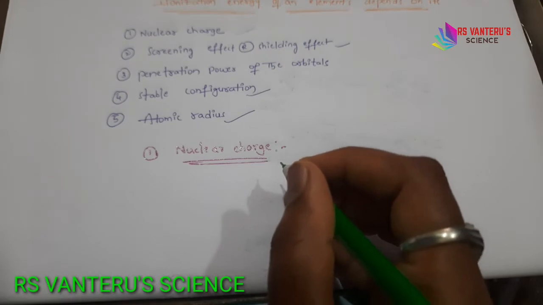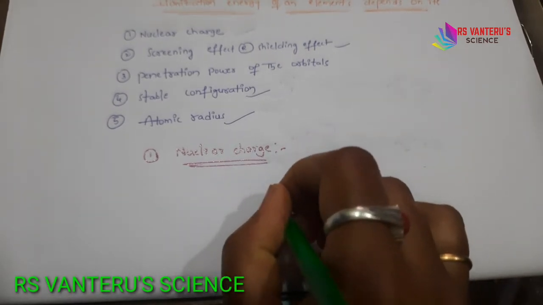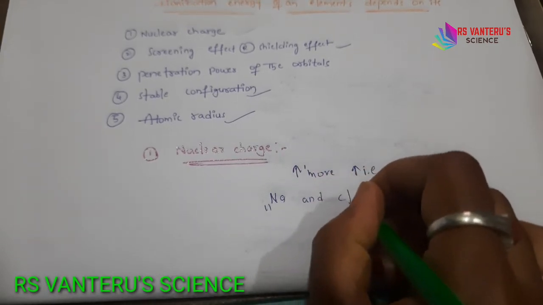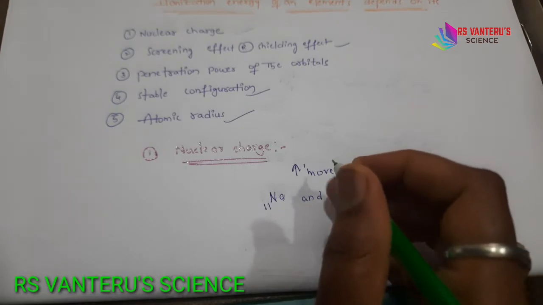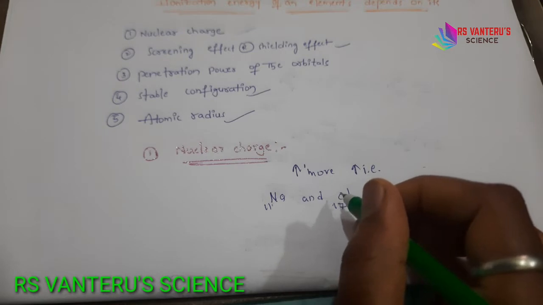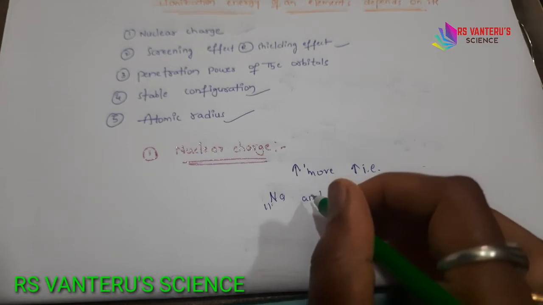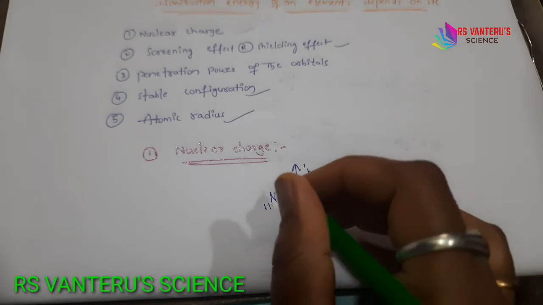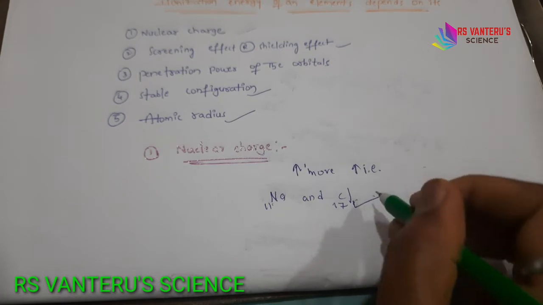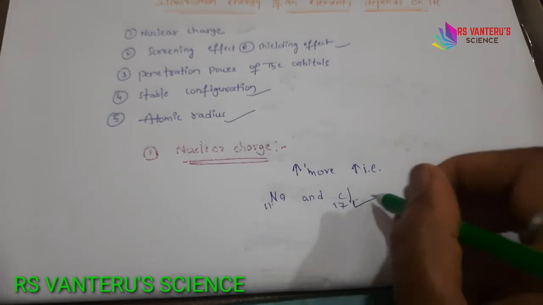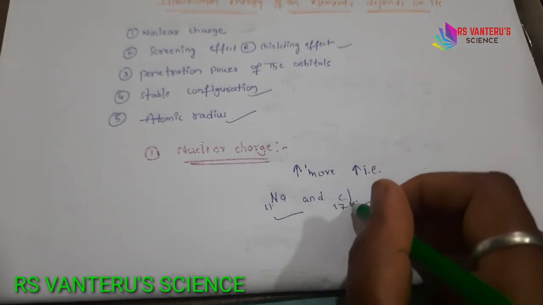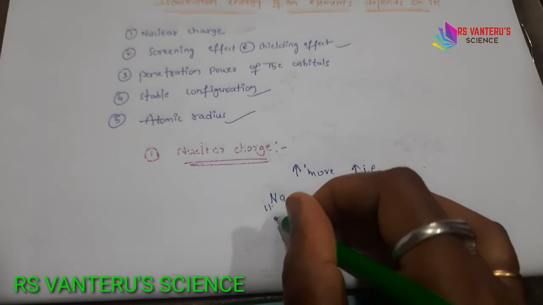Between sodium 11 and chlorine 17: sodium atomic number is 11, and chlorine atomic number is 17. Between sodium and chlorine, the chlorine atom has more ionization energy. The ionization energy of chlorine is high compared to sodium.